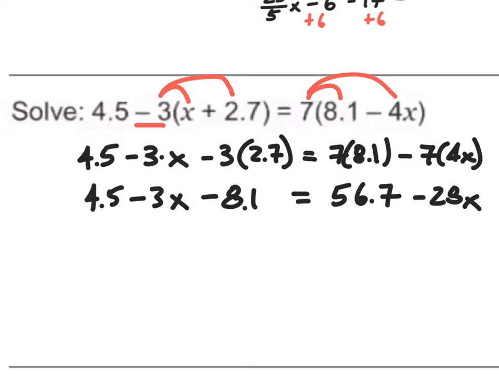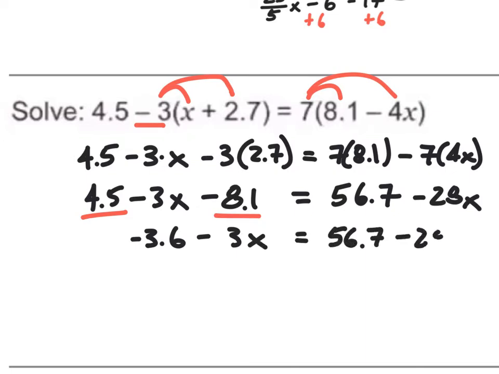Now I've got a number here and a number here, and I can combine those as like terms. So 4.5 minus 8.1 gives me negative 3.6. So negative 3.6 minus 3x is equal to 56.7 minus 28x.